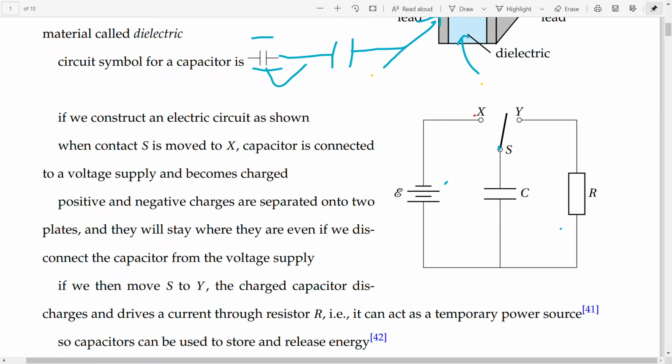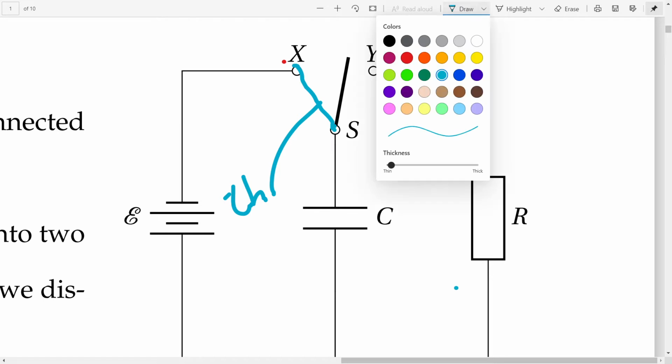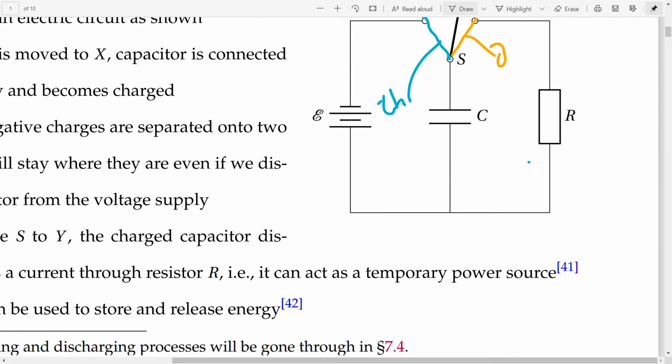Let's describe this: when this is connected to the X terminal, it gets charged, and when the switch moves to this terminal, it gets discharged. You'll study it further, don't worry.